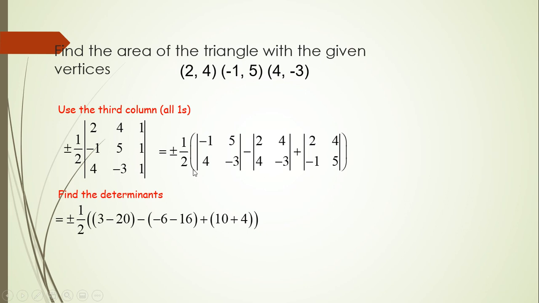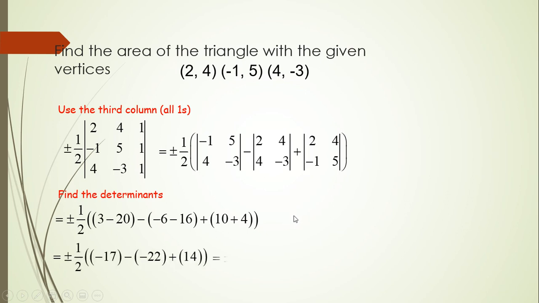So calculate the determinants. Again, leave this plus or minus 1/2 out in front. I'm going to have 3 minus 20 minus -6 minus 16 plus 10 plus 4.